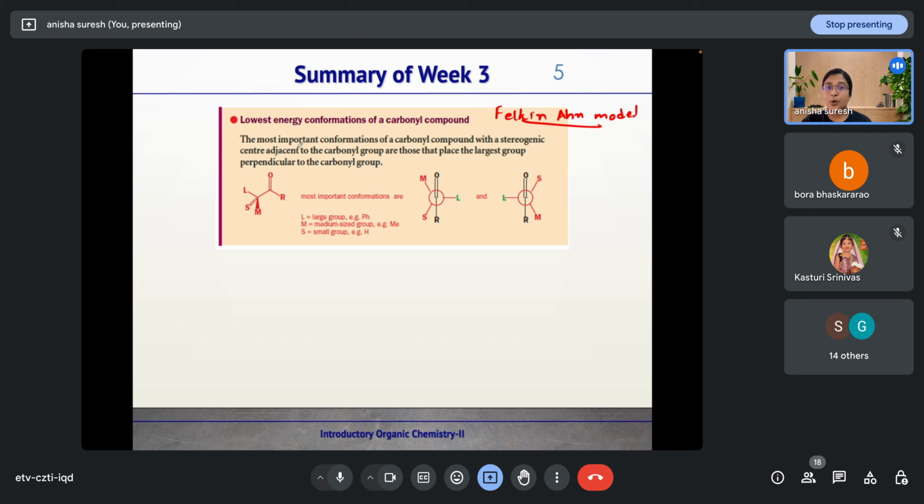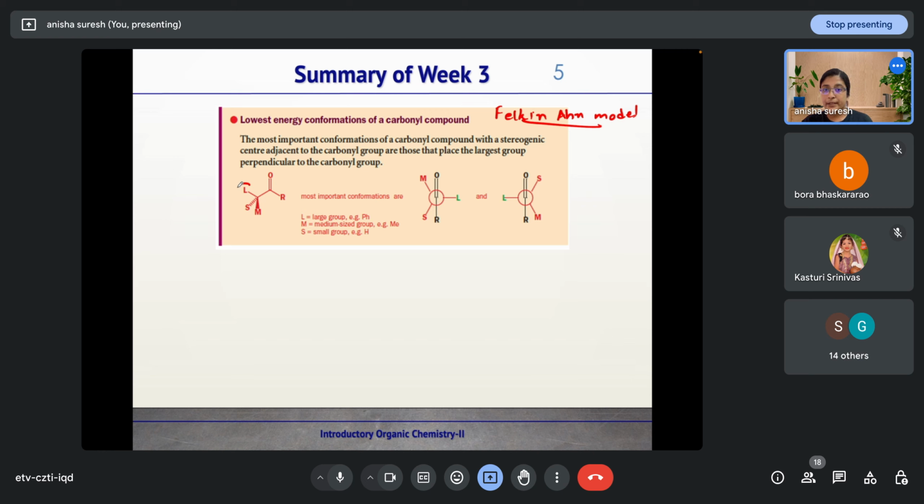The most important conformations of a carbonyl compound with a stereogenic center adjacent to the carbonyl are those that place the largest group perpendicular to the carbonyl group. So when we are writing in the Newman projection form, we will be getting a number of conformations. Out of that, when the largest group is coming perpendicular to the carbonyl group, that will be the most important or the lowest energy conformation that we will take for the reaction.